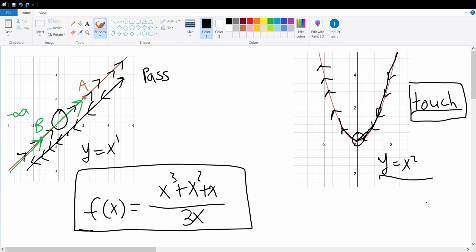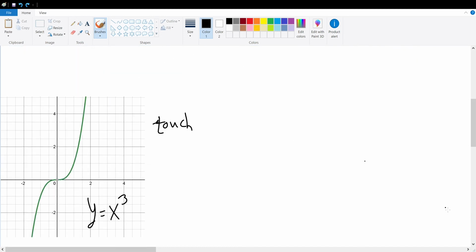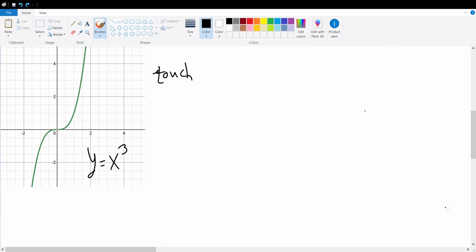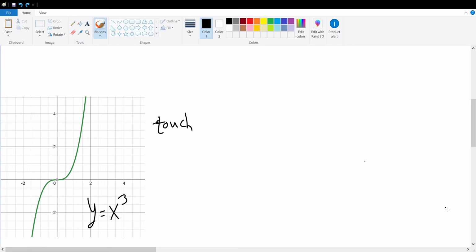A touch can also be applied for y is equal to x raised to the third power. We see here that coming from negative infinity right here, we go up, and we go to the origin. But the minute we pass the origin, that very second, we change direction, and suddenly we are going up again.